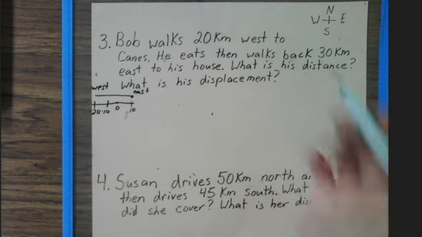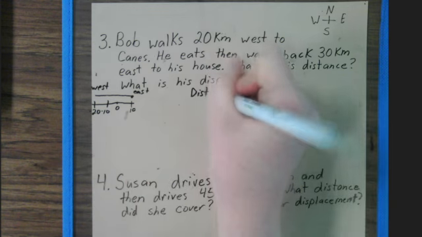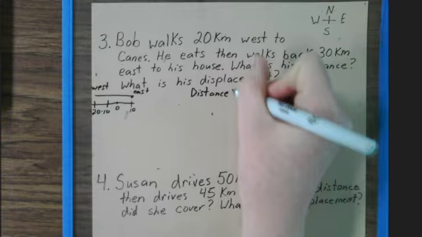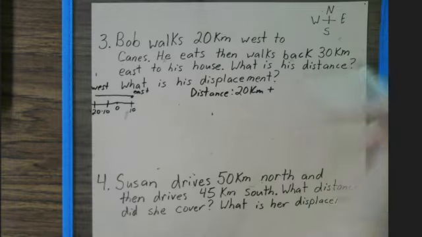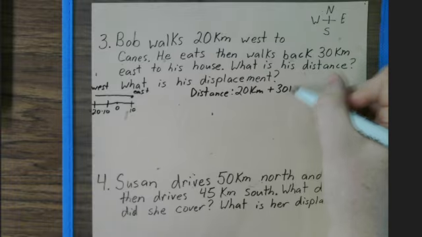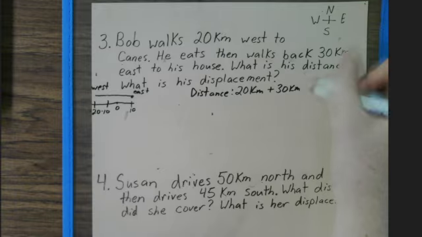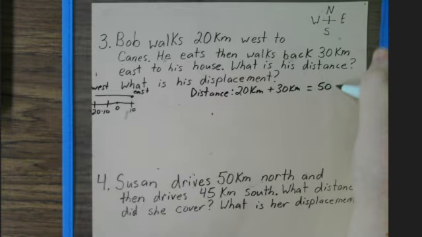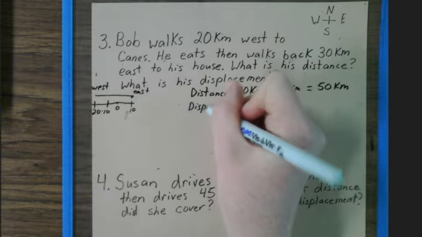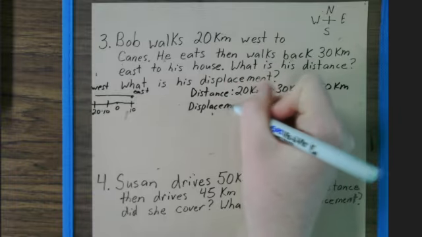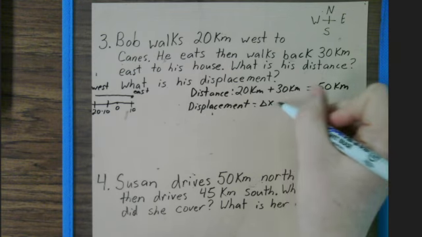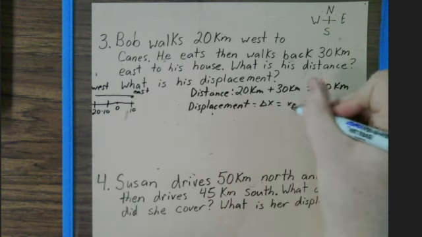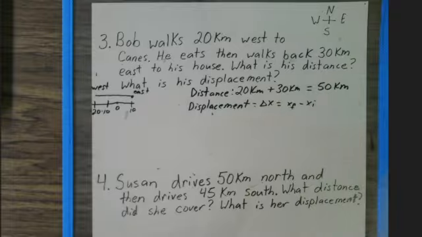All right, now for the math part. Distance. He traveled 20 kilometers west and then 30 kilometers east. We're going to add those two together and get 50 kilometers. Now for our displacement, our formula there is change in x is equal to the final position minus the initial position.